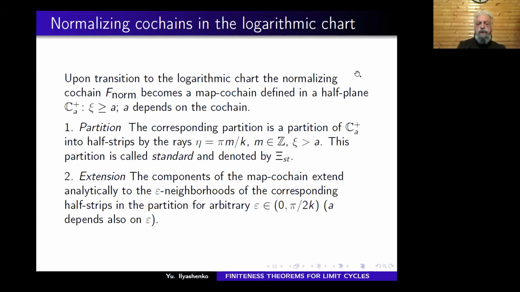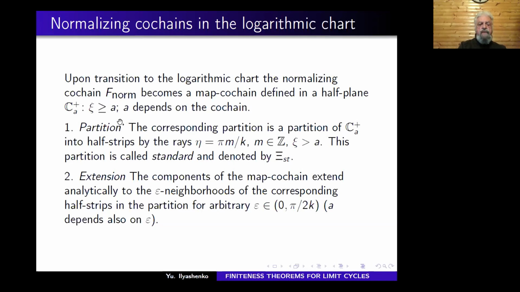You may forget all the comments that were given about these cochains, and just believe me that upon transition to the logarithmic chart, the normalizing cochains become map cochains defined in a half plane sufficiently right.